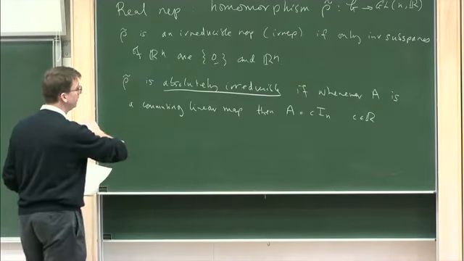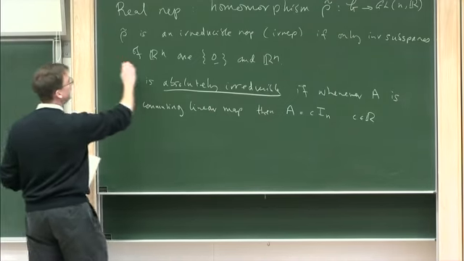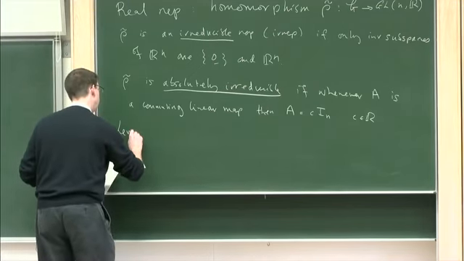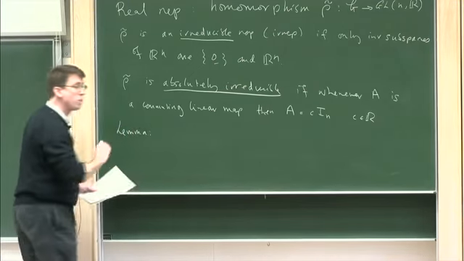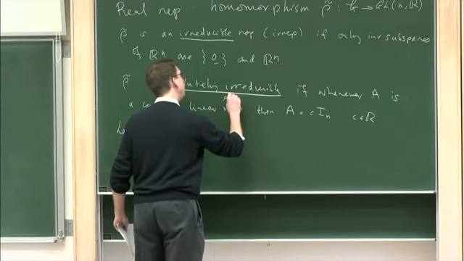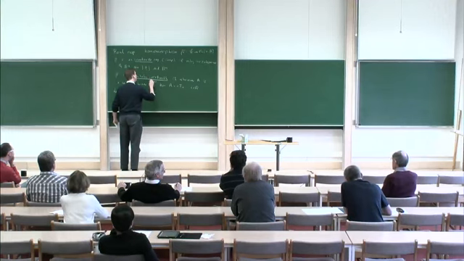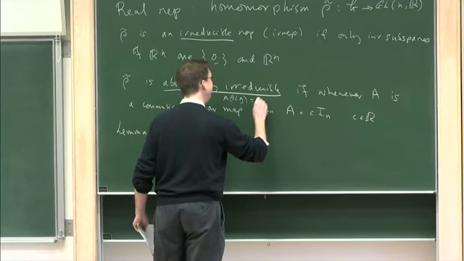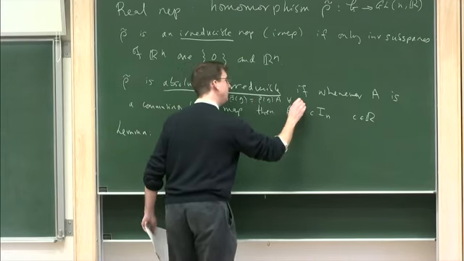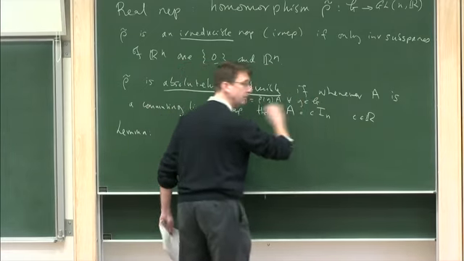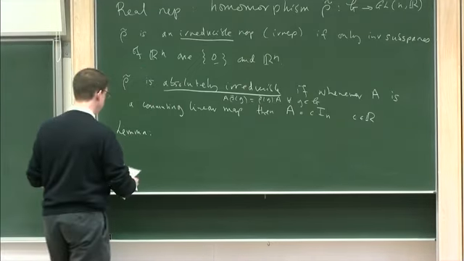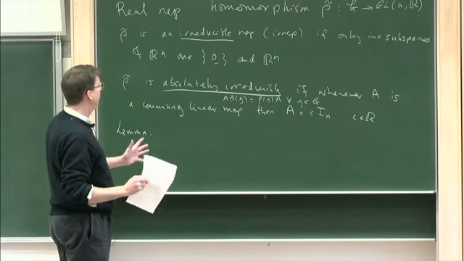So this is a refinement of the idea of irreducibility. And with commuting linear map, you mean they commute with all members of the group? Yes, yes. So it's equivariant. A rho tilde(g) is rho tilde(g) A for all g in G. So isn't that the same as saying it's an equivariant linear map?